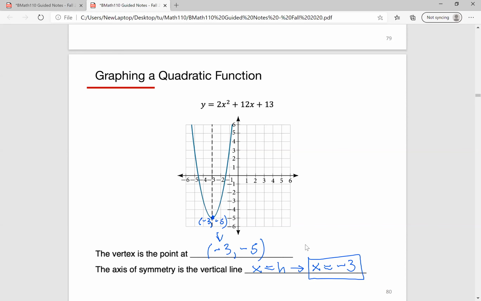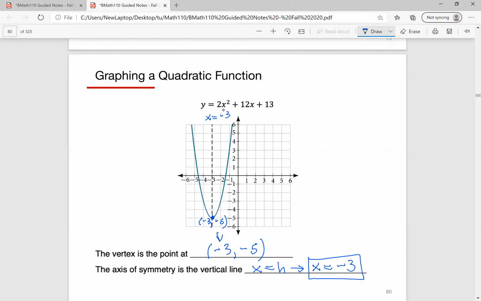So that is the axis of symmetry, which is a vertical line going through negative 3. So you're going to have x equals negative 3 as the axis of symmetry.